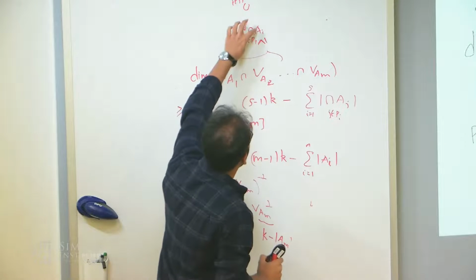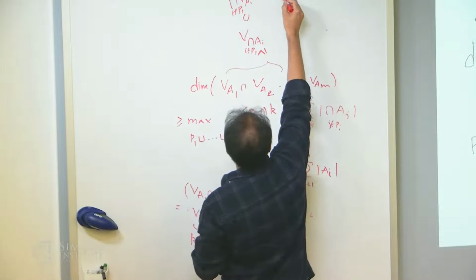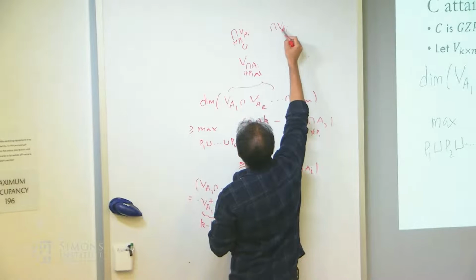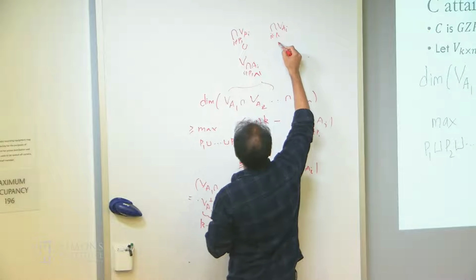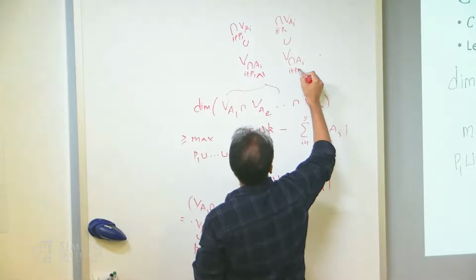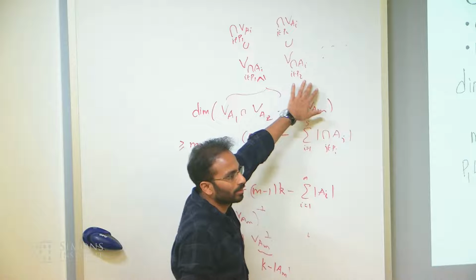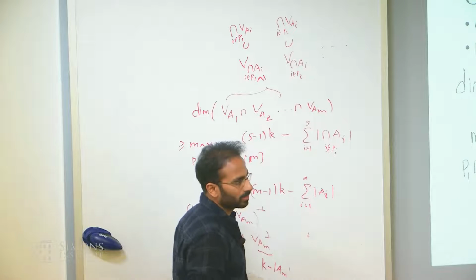If I just intersect the sets, this is obviously contained there. And similarly for AI in P2, this contains the intersection over AI in P2, and so on. Now I apply the trivial bound to these things, and then I get exactly that.